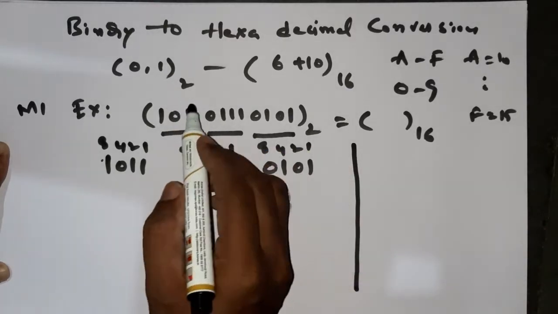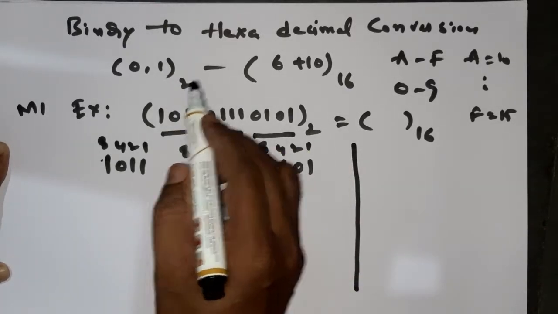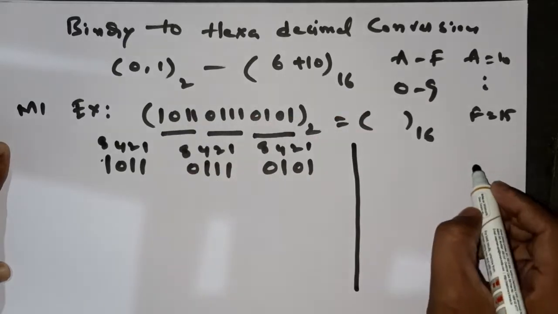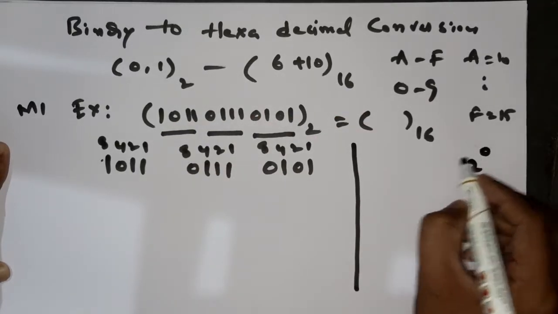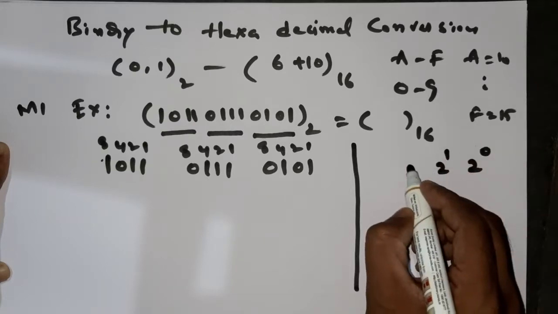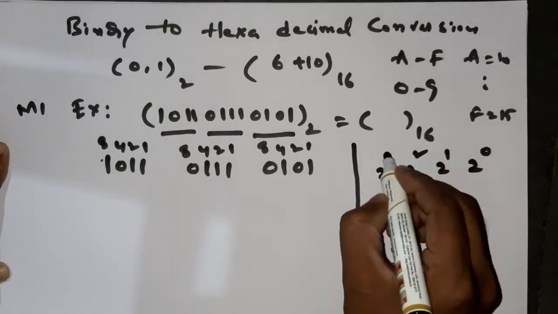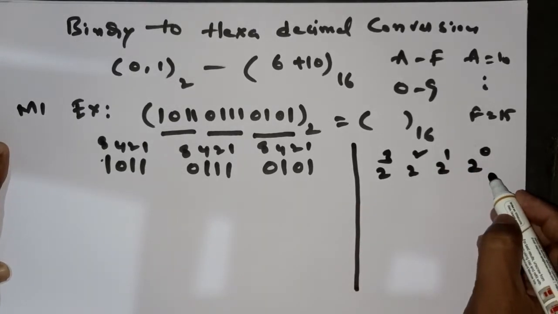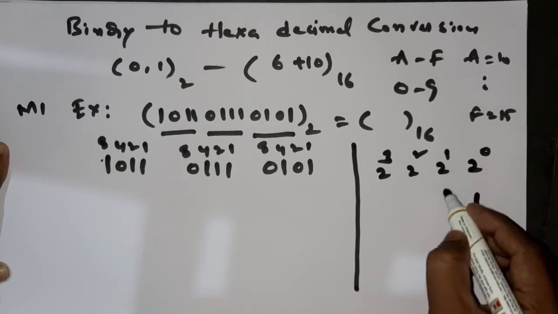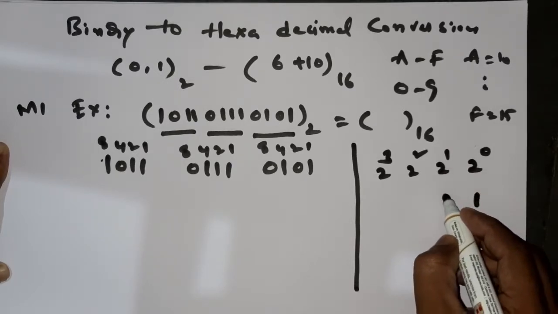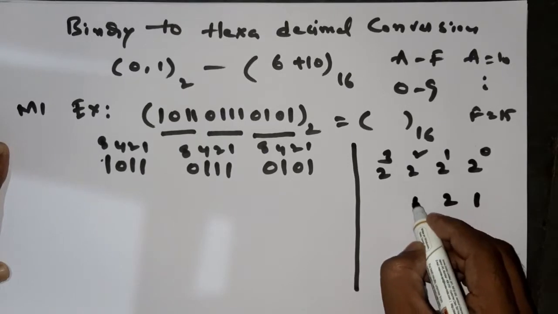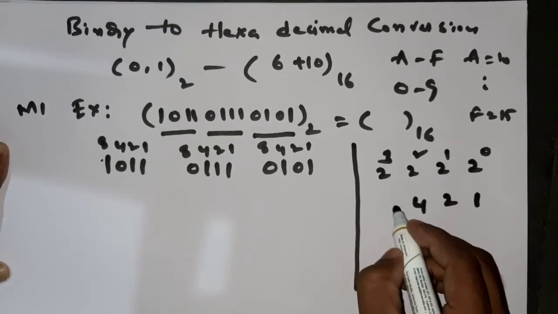Anyhow, we are converting binary numbers to hexadecimal, so binary we are considering here. So 2 to the power of 0, 2 to the power of 1, 2 to the power of 2, 2 to the power of 3. 2 to the power of 0 we know is 1, and 2 to the power of 1 is 2, and this is 4, 2 to the power of 2, and 2 to the power of 3 is 8.